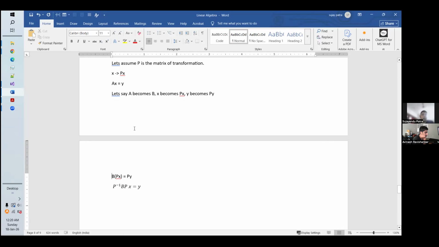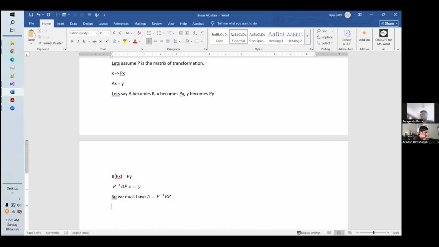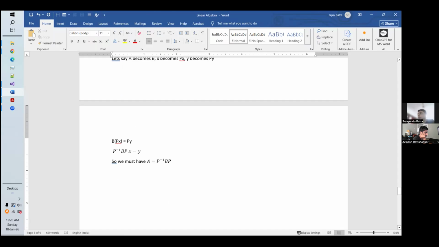Now we started with Ax equals y and we got P inverse BPx equals y. And these two things are same. So we must have A equals P inverse BP.